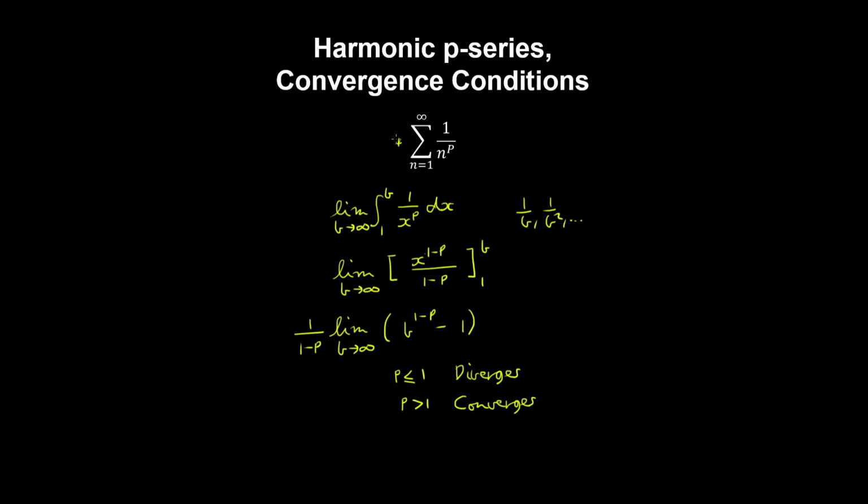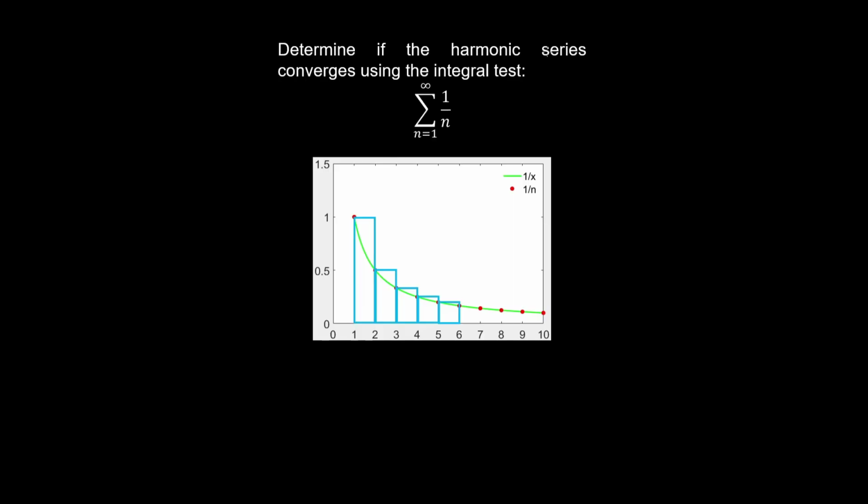So therefore the series diverges when the exponent is less than or equal to 1, and it converges if the exponent p is greater than 1 by the integral test. Let's determine if the harmonic series converges using the integral test.